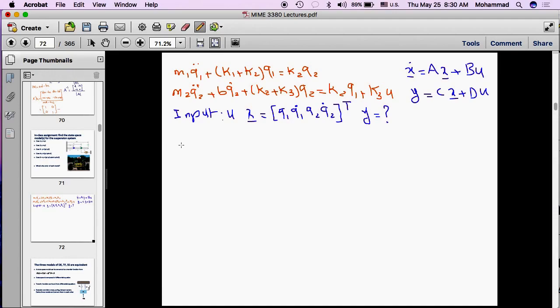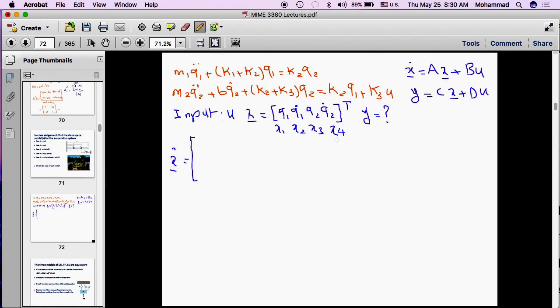So we need to first of all write what x dot is. So x dot is equal to what? So if x1 is q1, so let's write this as x1, x2, x3, and x4.